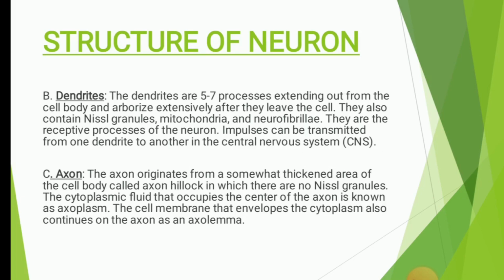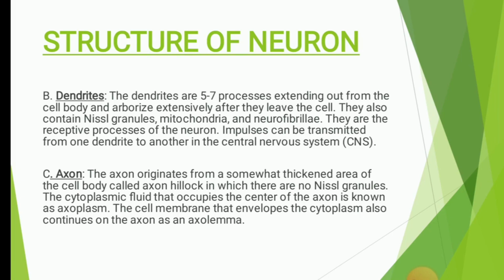Next, we have the dendrites and axons. Keep in mind the difference between dendrites and axon is important, which might be asked in your terminals or prof. So what are dendrites? These are basically the extensions out from the cell body. They contain the Nissl granules, mitochondria and neurofibrils. They are basically the receptors, the receptive processes of neuron.